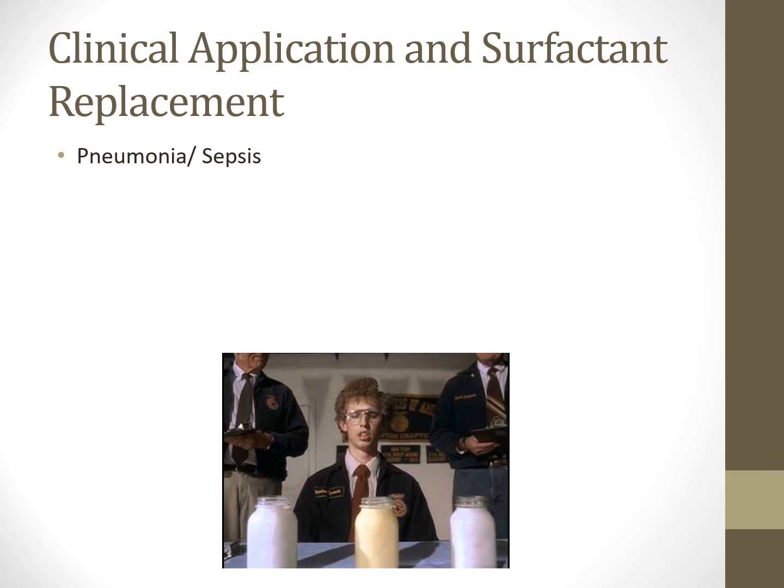Sepsis is the number one cause of acute respiratory distress syndrome in the adult population. Even though pneumonias are traditionally non-responders, the body's going to stop producing surfactant because it's working on something else. So they might need it, even though it might not change their compliance too much because they have an inflammatory process going on.